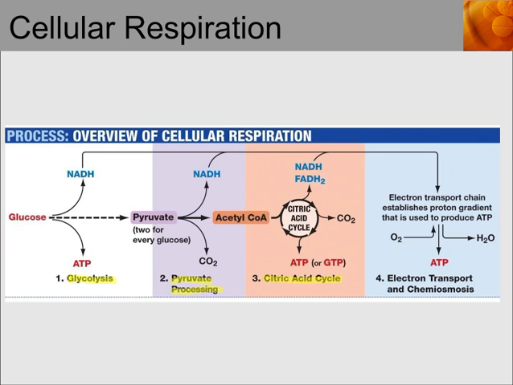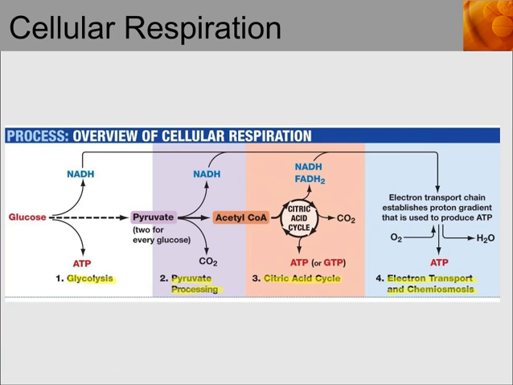This has also been known previously as the Krebs cycle, but we've been moving away from naming things after scientists, especially if they're problematic, so now it's more often known as the citric acid cycle. And then finally, we have the electron transport chain and chemiosmosis.